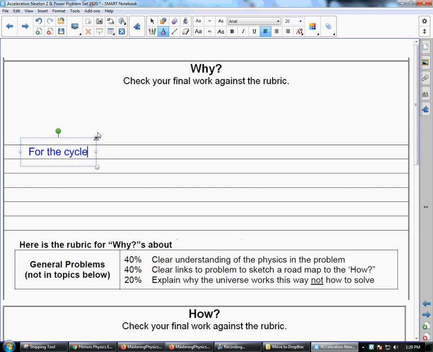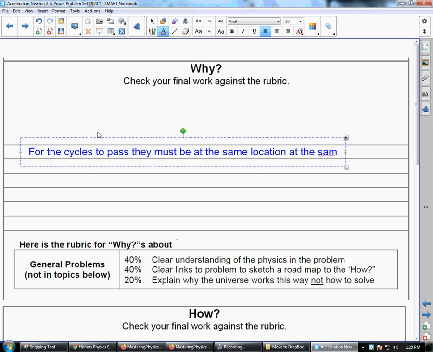For the cycles to pass, they must be at the same location at the same time.